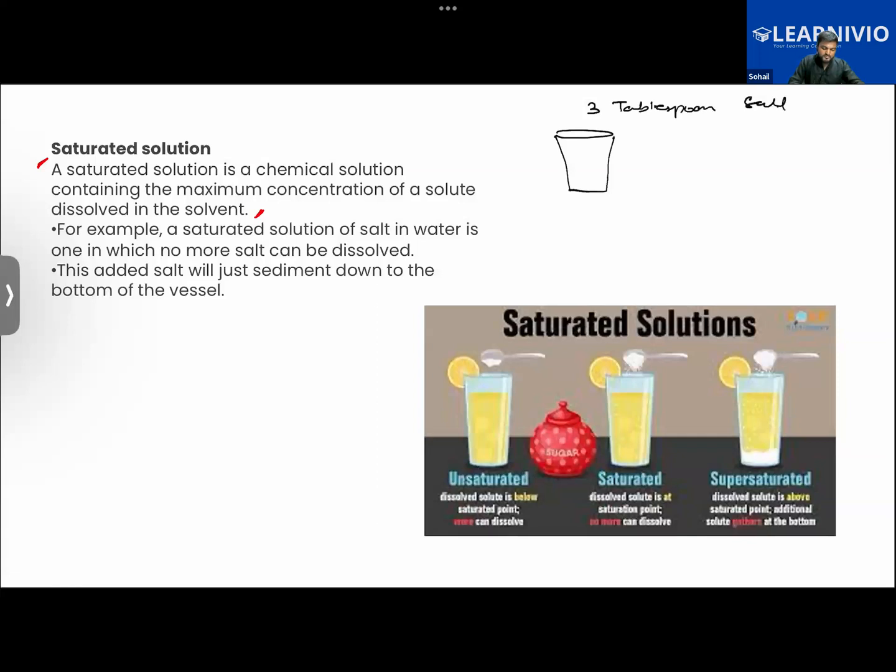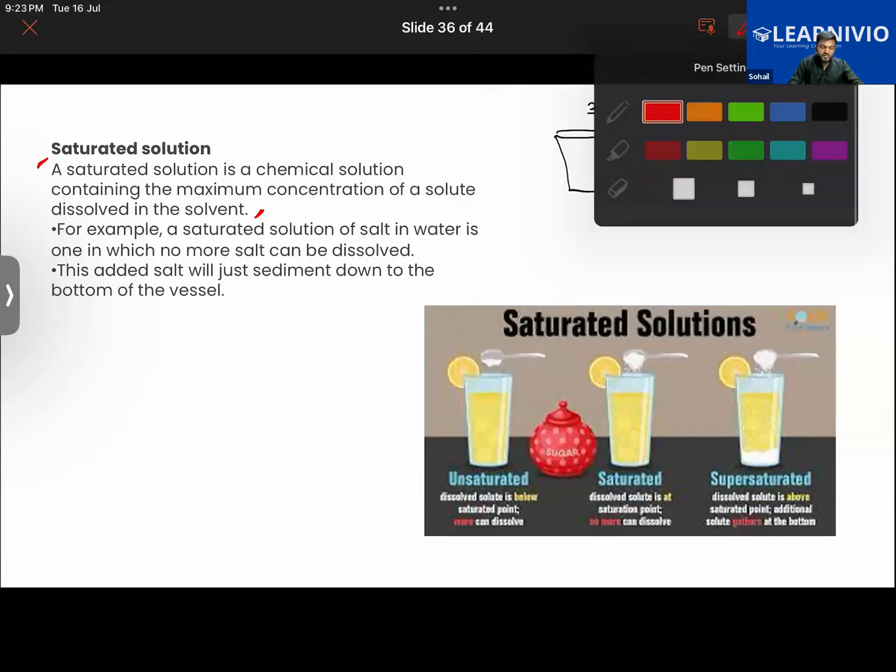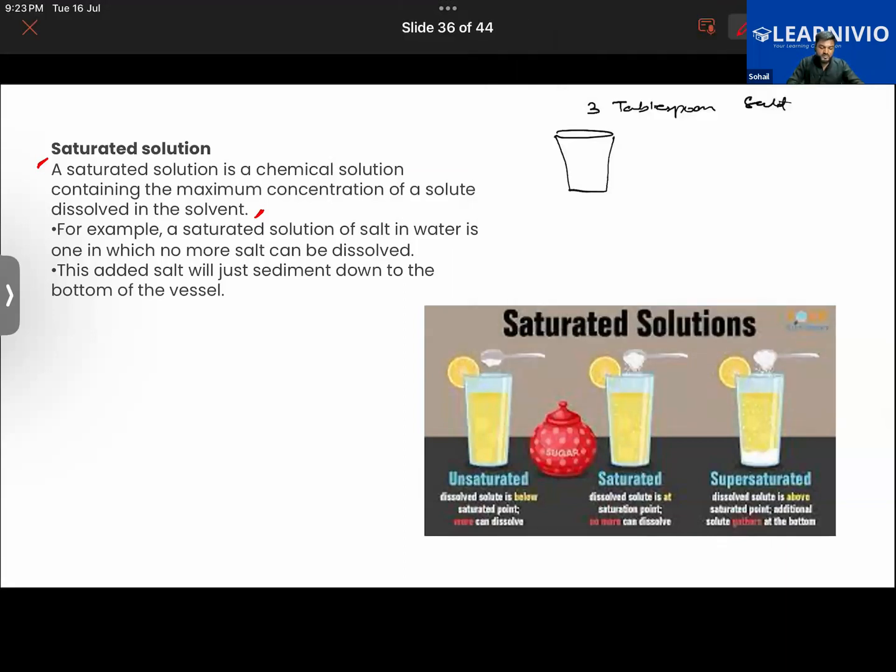After that, you will not be able to add any more. If you were to add any more salt, it will simply settle at the bottom. So then that solution is called a saturated solution, in which no more solute can be added. The concentration of solute is maximum in it. That is called a saturated solution.